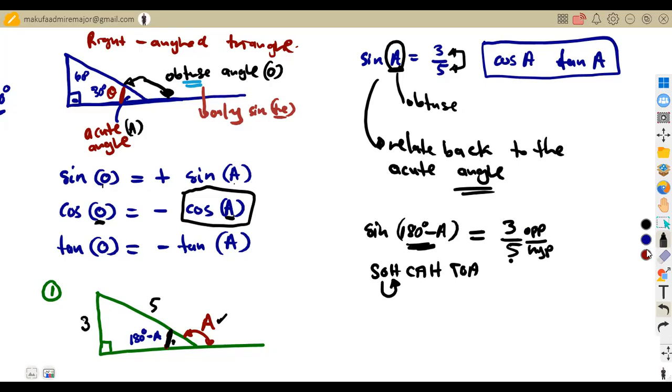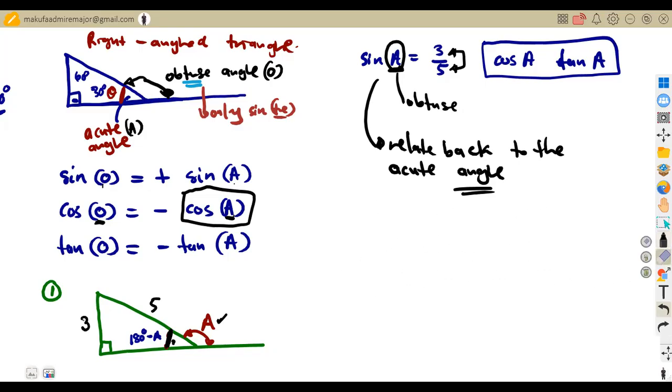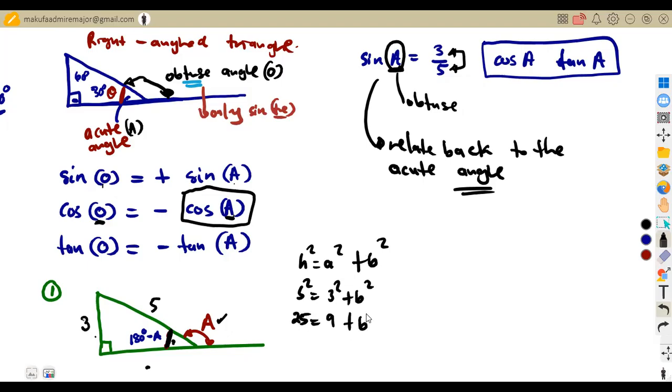So from your Pythagoras theorem, you are going to use now your Pythagoras theorem to calculate the third side. All right, we are back to our h squared is equal to a squared plus b squared. You substitute: 5 squared is equal to 3 squared plus b squared. We calculate this side. So 25, 3 squared, that is 9, plus b squared, transpose this 25 minus 9 is equal to b squared.